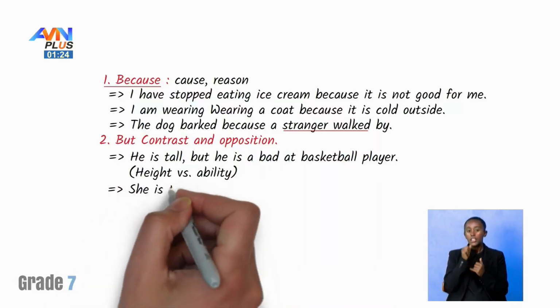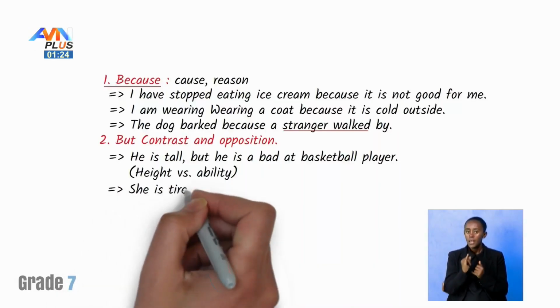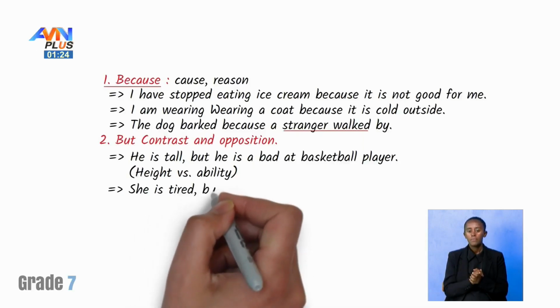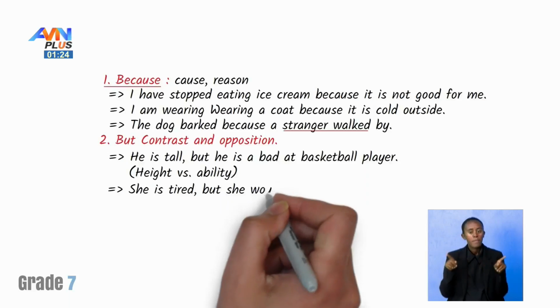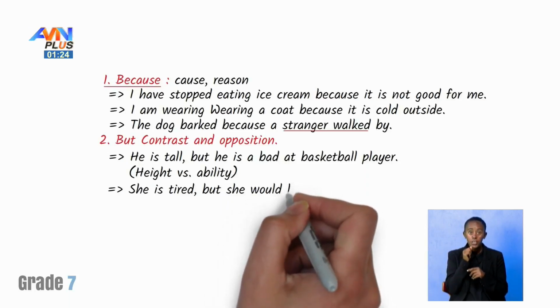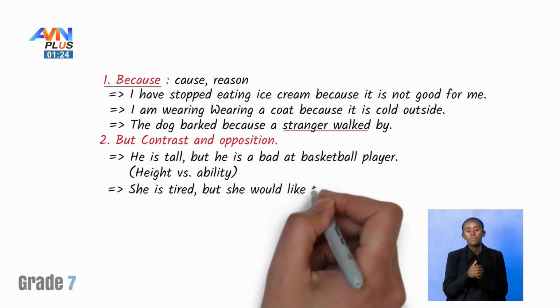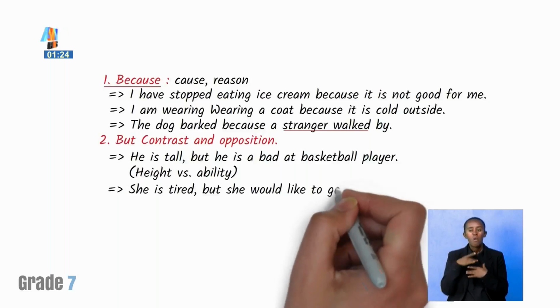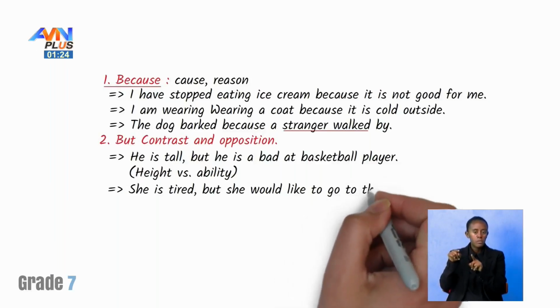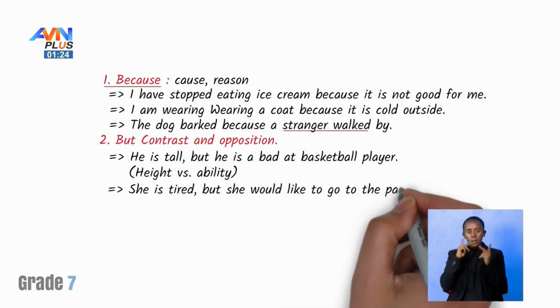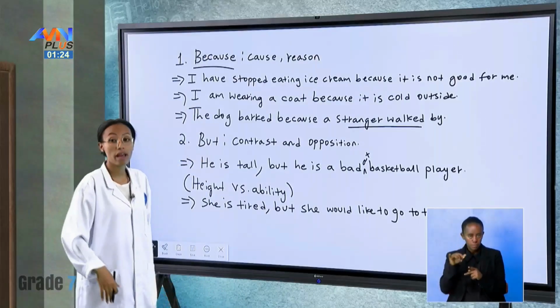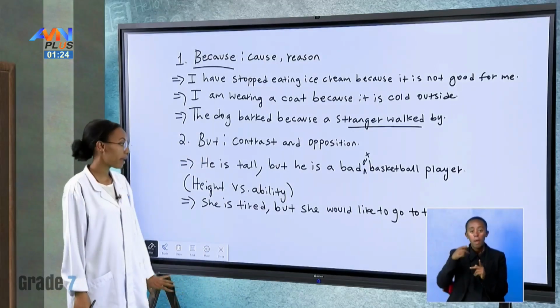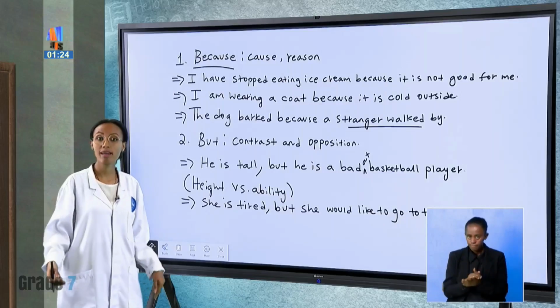She is tired, comma, but she would like to go to the party. She is tired, but she would like to go to the party. So, again, two opposing ideas.